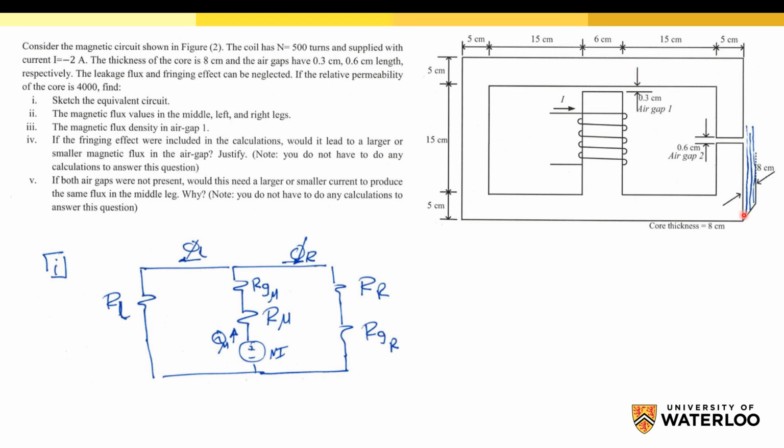And we have a right core, we have a right reluctance. And we have an air gap in the right core, so we have this reluctance representing this air gap. Of course, we have flux for the middle, flux for the right, and flux for the left. So this is the equivalent circuit of this magnetic circuit.